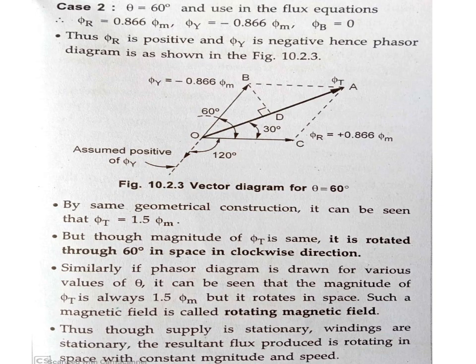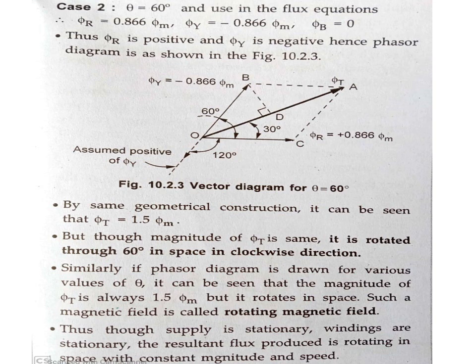At theta equal to 60 degrees, if you substitute 60 degrees in the three equations, phi R is 0.866 phi m, phi Y is minus 0.866 phi m, and phi B is 0. Now you can observe with respect to the diagram that phi R is plus 0.866 phi m, represented as OC.